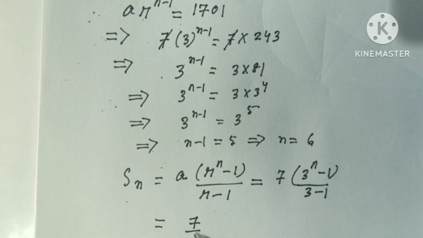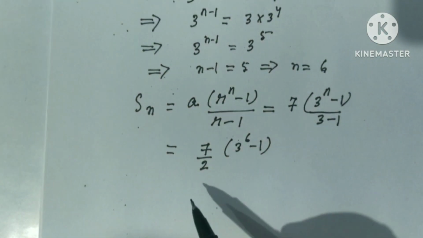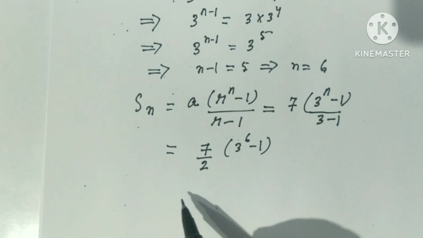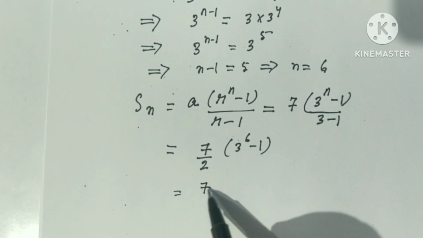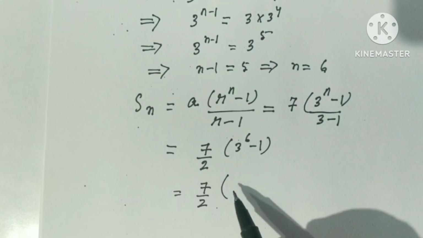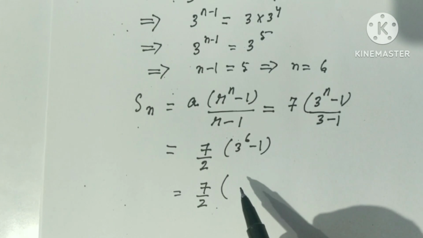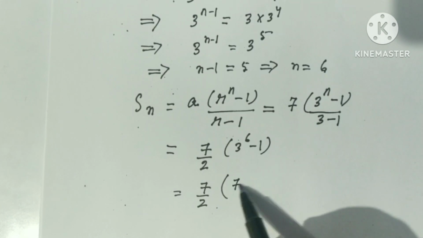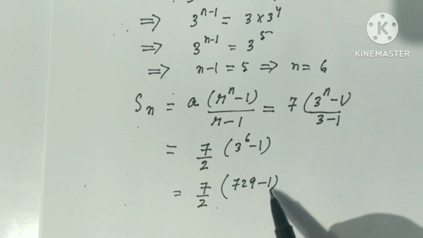So 7 by 2, 3 to the power 6 minus 1. 7 by 2, 3 to the power 6 is 729 minus 1.